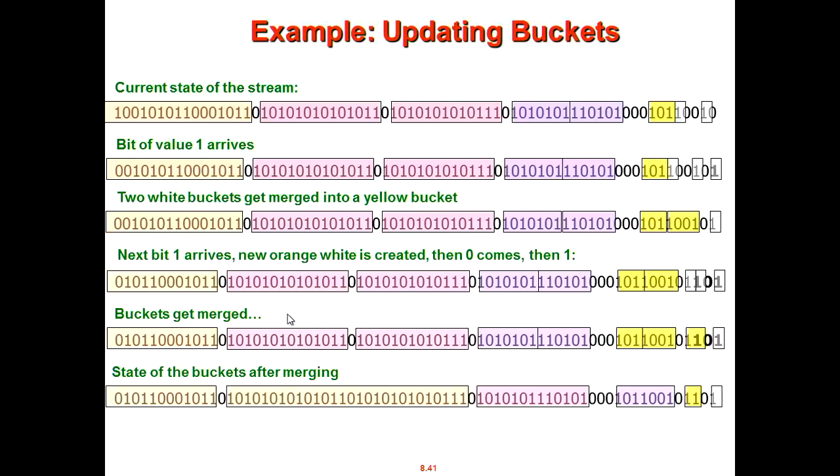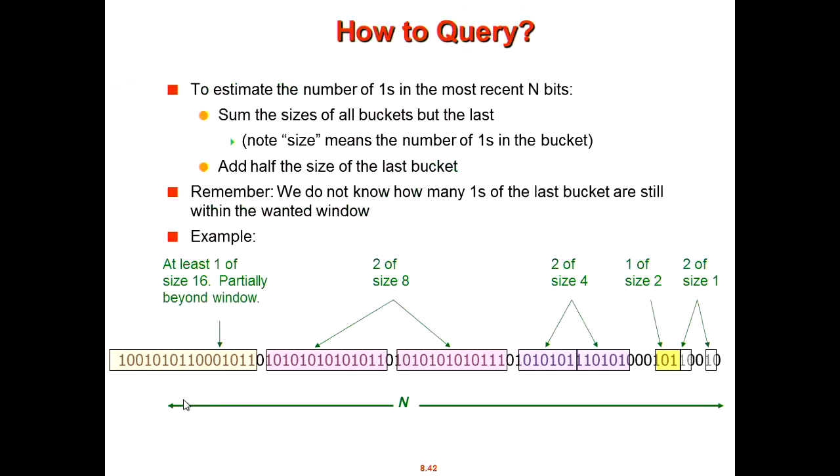You always need to remember to check whether the oldest bucket is out of the window range. If it is, you need to discard the bucket. So that's all. For this algorithm, what you need to store is buckets. For each bucket, you have a timestamp and the number of 1s.